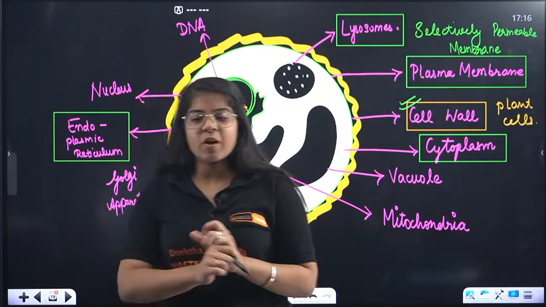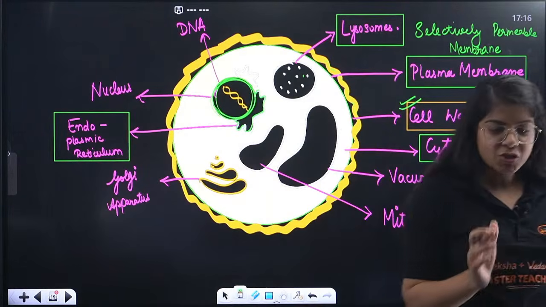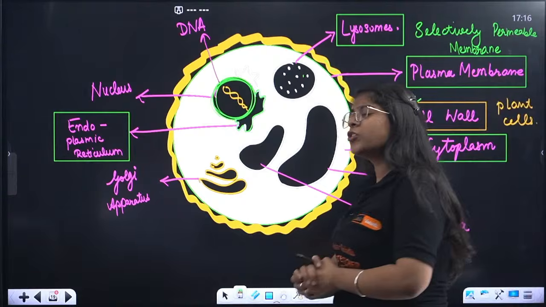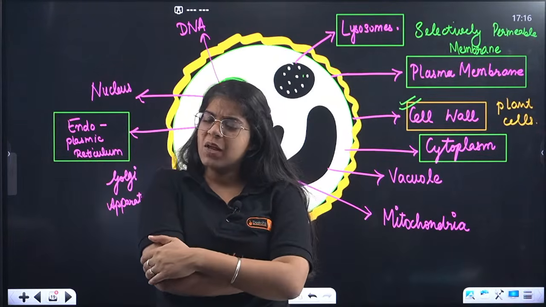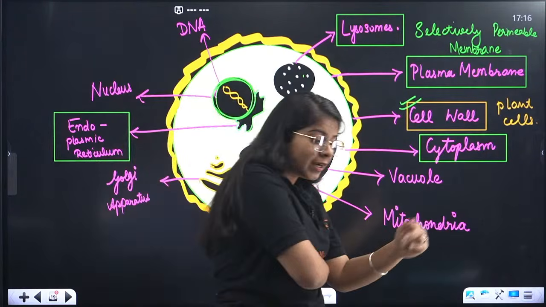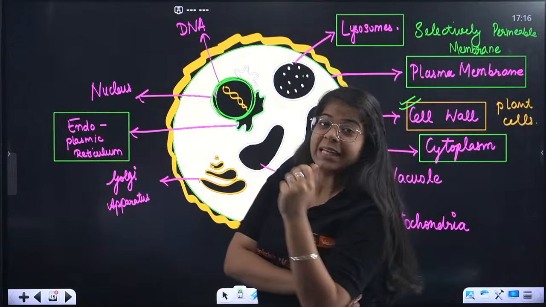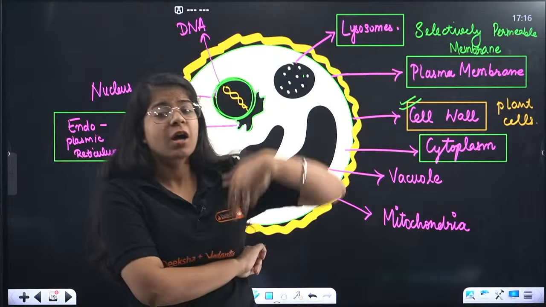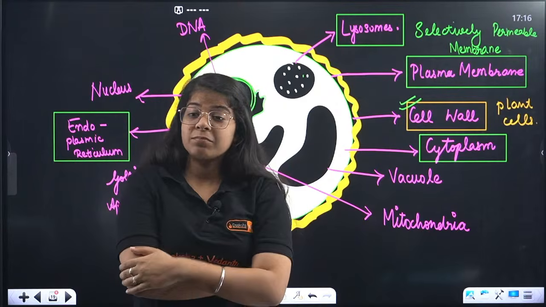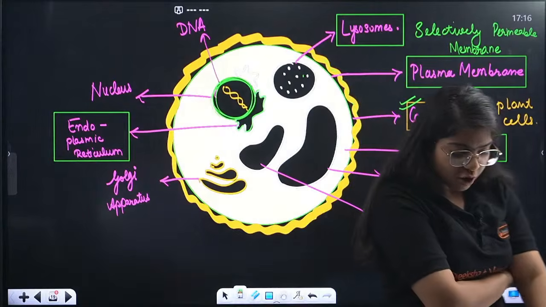Okay, next question. Everyone ready? Give me a thumbs up. Now, which cell organelle is called the storehouse of the cell? It helps in packaging and storing the proteins or maybe fats inside the cell so as to transport them later outside the cell.